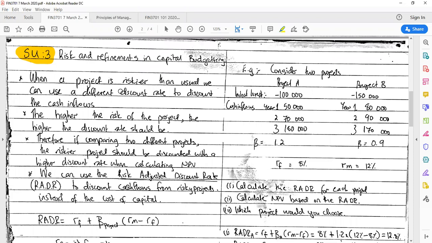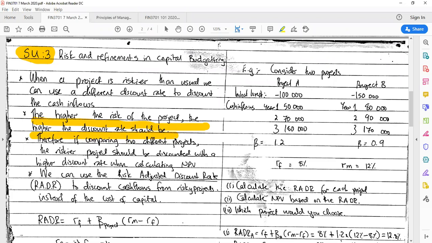So when you're comparing two different projects, like the projects we've been looking at before, let's say you're comparing project A and project B. If project A is riskier than project B, it means you have to discount project A with a higher discount rate compared to project B, right? And the next point says the higher the risk of the project, the higher the discount rate should be.